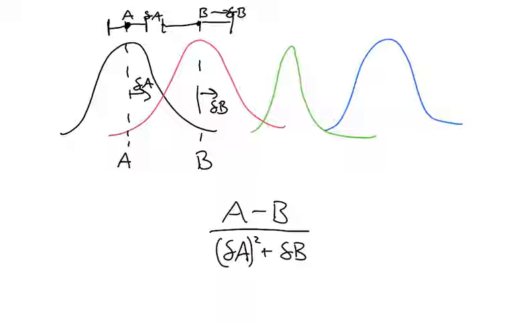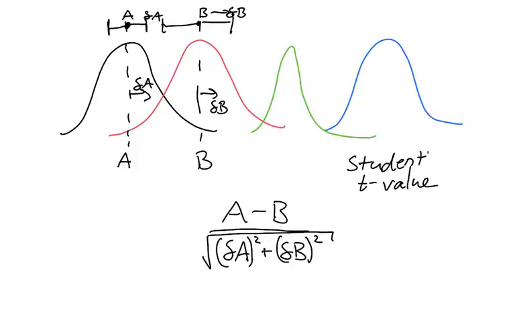And we're going to square this for reasons that are beyond this video, and then take a square root. Structurally, this is similar to what you may have seen in statistics classes, Student's t-value, but Student's t requires that the measurements be sample means and standard errors of the mean. We're going to use this for any measurement and its uncertainty, so we're going to call it t prime for the time being.